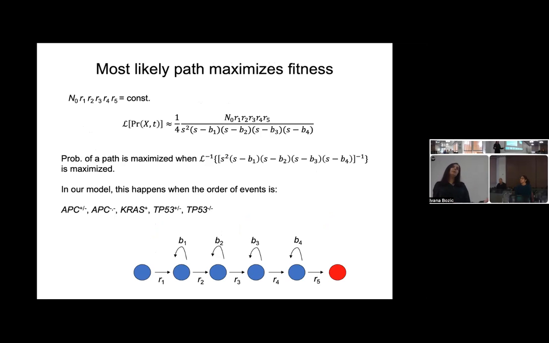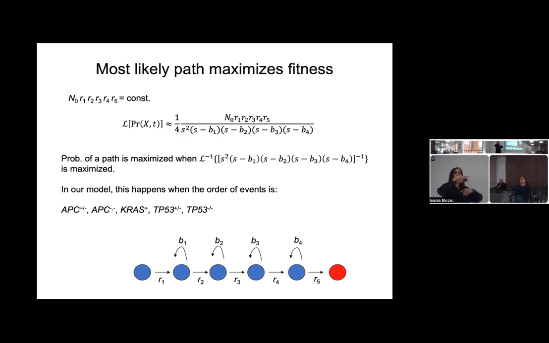But we were interested, why do we have this order? And again, we were able to somewhat answer this question in this semi-deterministic setting, so kind of an analytic approximation of the process, and the equations are not that important. But what is important is that in our model, the product of mutation rates is constant.